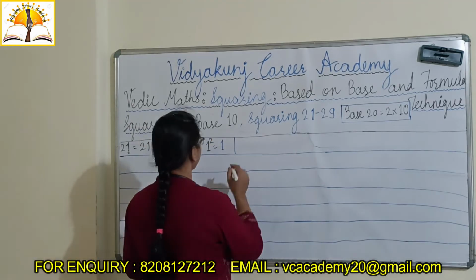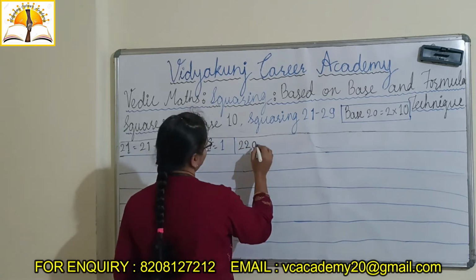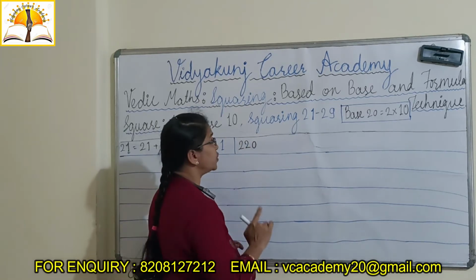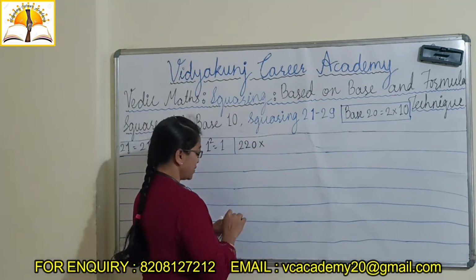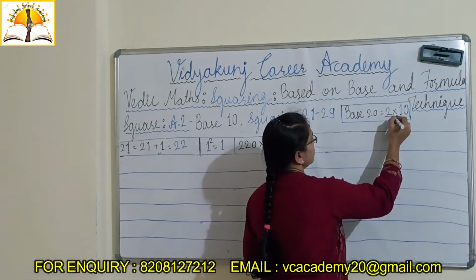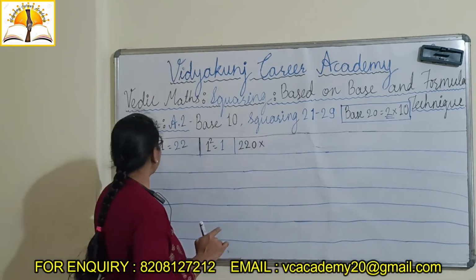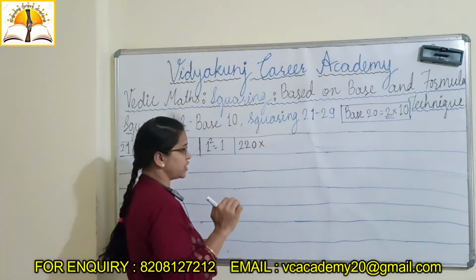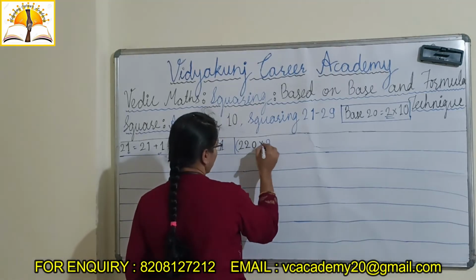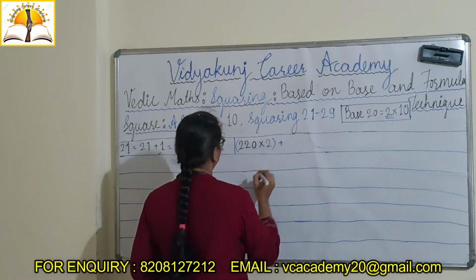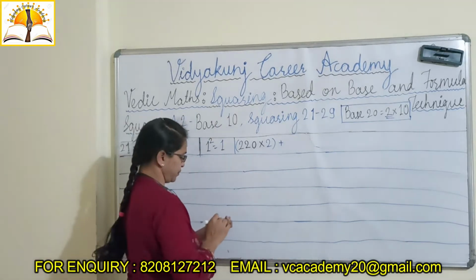I will write 22 with 1 0, and here we are going to multiply by 2. Why? Because we have taken base as 10. In this number, how many tens? 2 tens. So I will write here 2. Multiply this one. Okay. Then I have to plus the unit place number square.